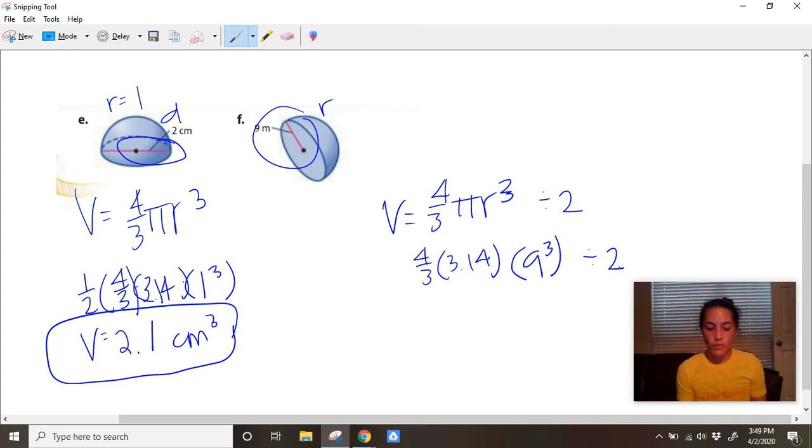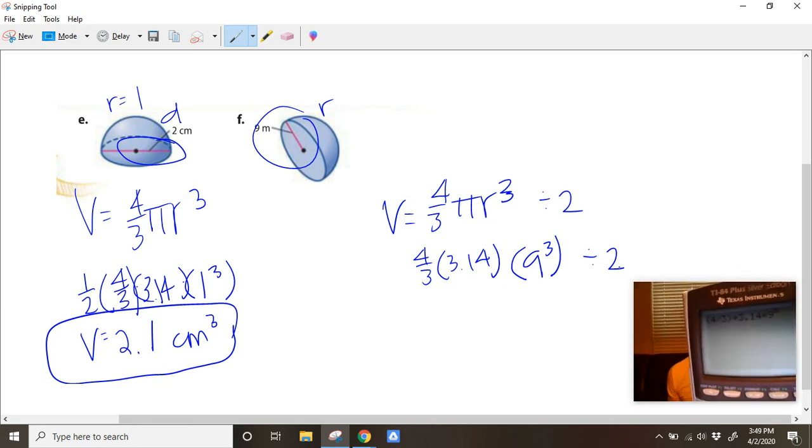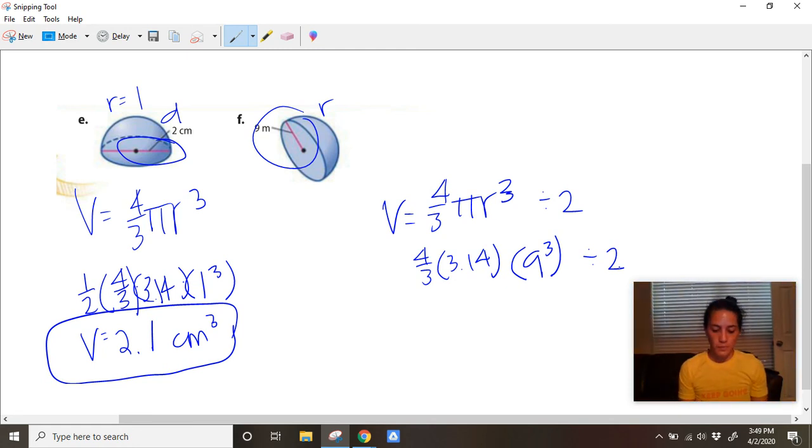So I'm going to show you 4/3 times pi times 9 cubed. I hope that you are doing this yourself and not just watching me, because that would be boring and not helpful.